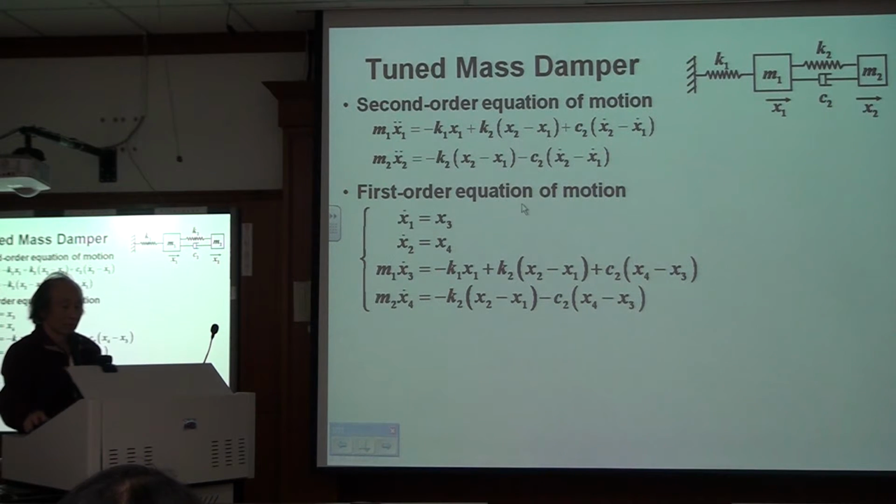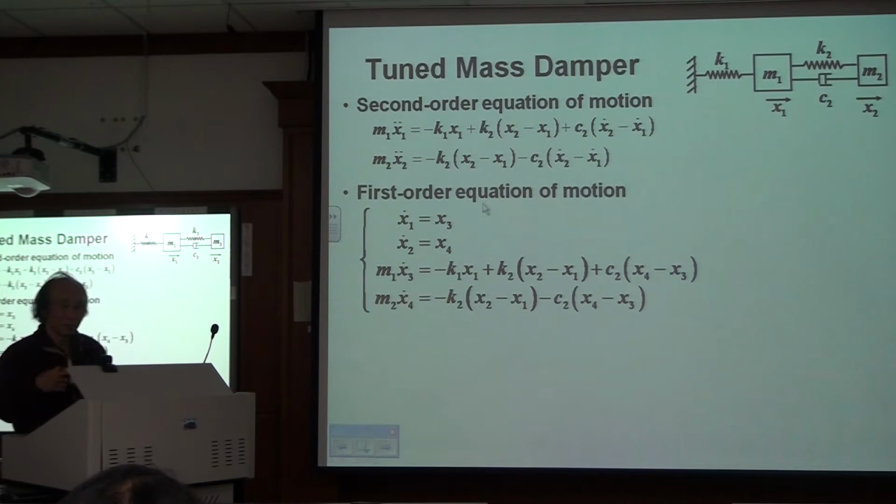So for the first order equation of motion, you don't give me answers, so I have to give myself the answers. This is not the only way to do it. There are many different ways to write the first order equations from the second order equation.